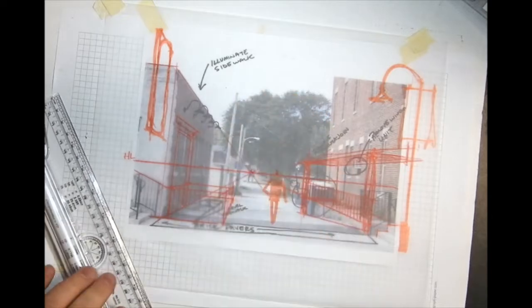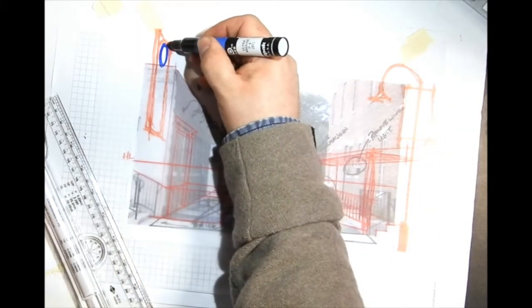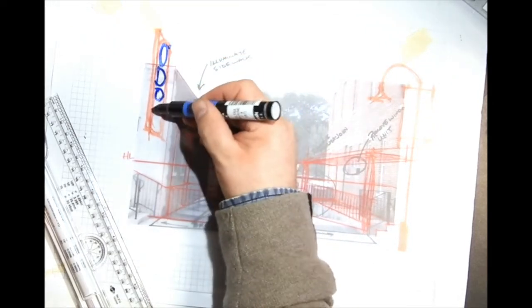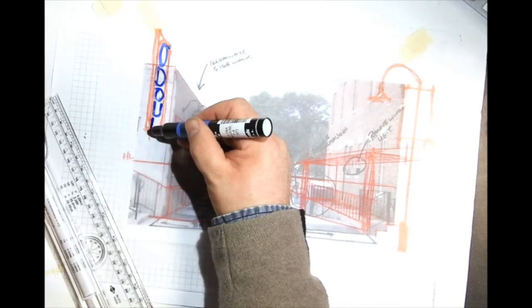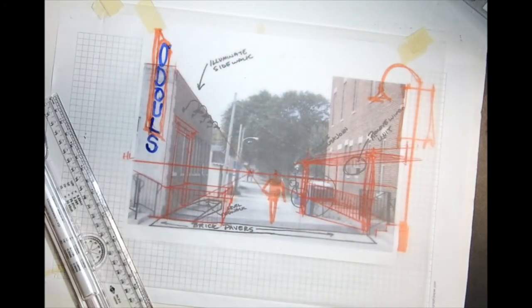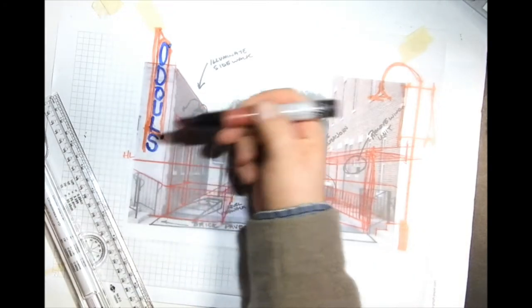Fantastic. Great idea. That's good. Okay. So O, D. Good. Maybe it's a dry county in Tennessee.